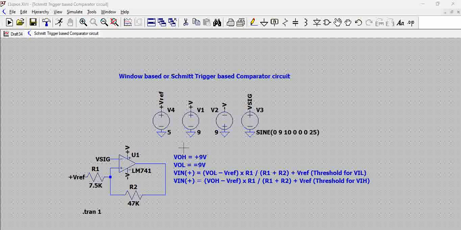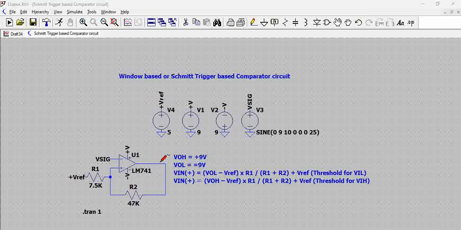You can compare this scenario with a button, where the button toggles and there's debouncing, and there'll be unnecessary toggling happening, right? Similarly, in the comparator circuit, to eliminate such scenarios where you want to avoid the output toggling, we use a comparator with Schmitt trigger.